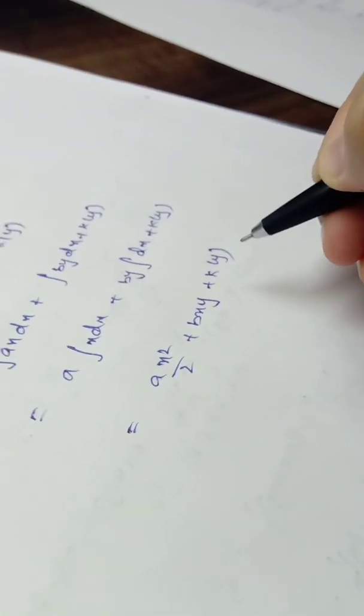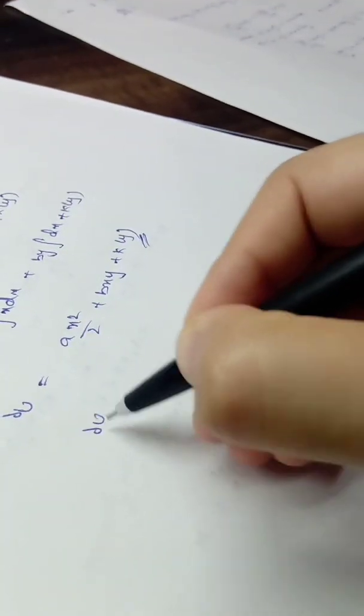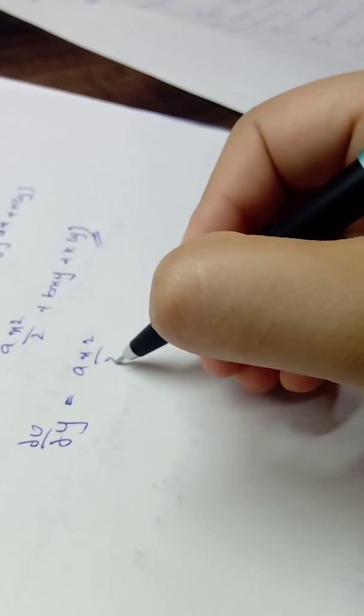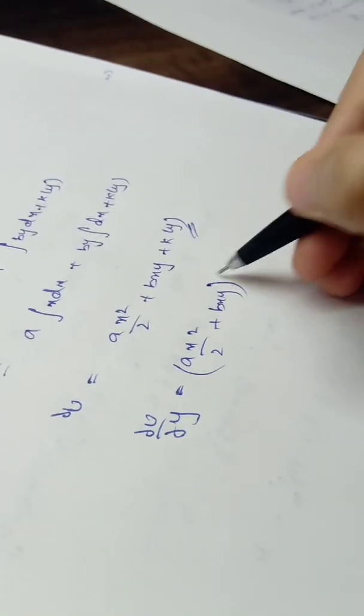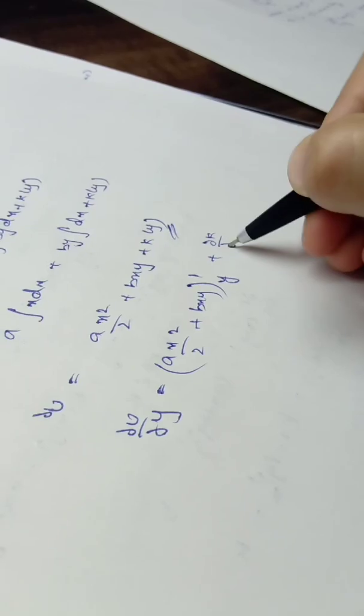Now differentiate the formula with respect to y to find k(y). So this is u, right? So ∂u/∂y equals the derivative of ax²/2 + bxy with respect to y, plus dk/dy.